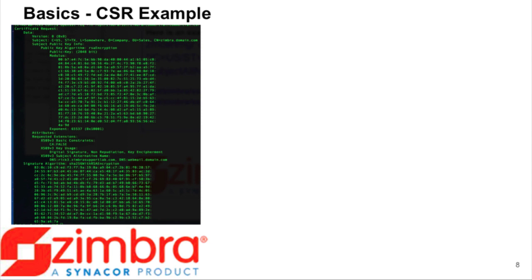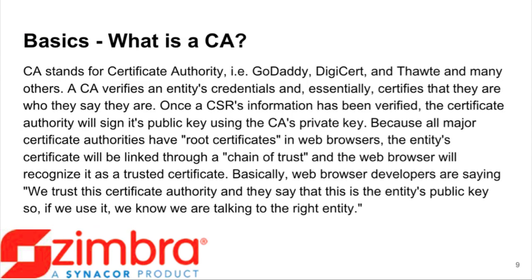I apologize if it's not clear, but here you can see the country, the state, organization name, the common name, and down below you see the DNS name or names if you have multiple names specified. I won't read this off verbatim, but basically a CA is just an organization like GoDaddy or DigiCert or Thawte that verifies your CSR credential.